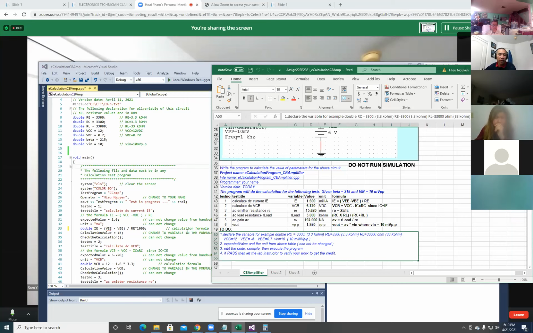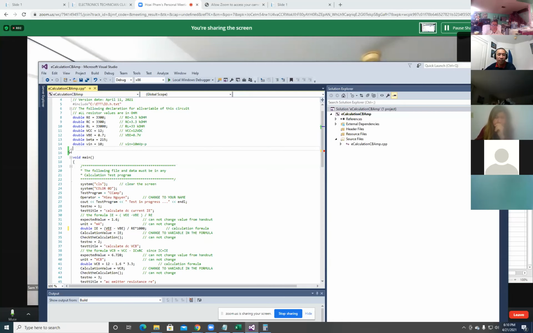You want to type that in at the top. As far as this portion, it should never be any actual value, because we want to change the value in just one place.